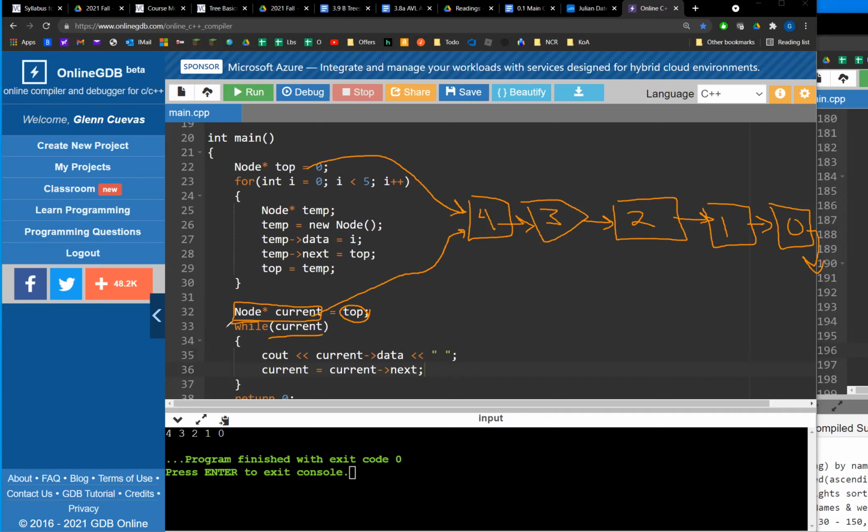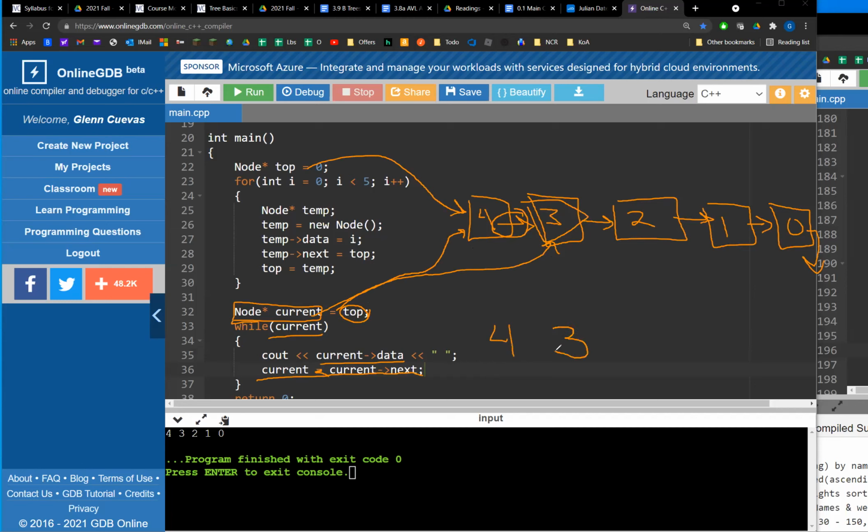That's not null. So our while loop is good. Spit out our data, spits out 4. Current equals current next. So we read the next pointer of the current box, which is our 3 box, and we copy that back into current. So now current shifts on over. That's not null.